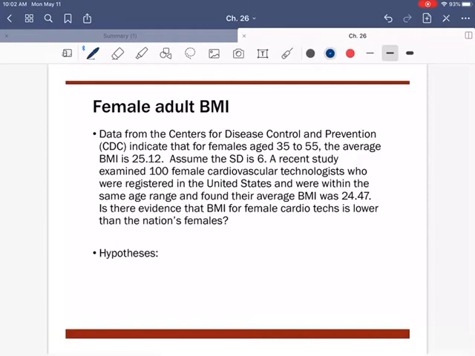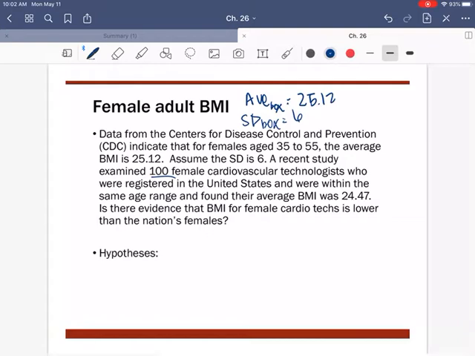Data from the CDC indicate that for females aged 35 to 55, the average BMI is 25.12. Assume the standard deviation is 6.